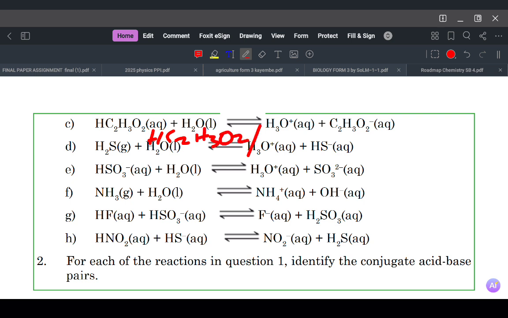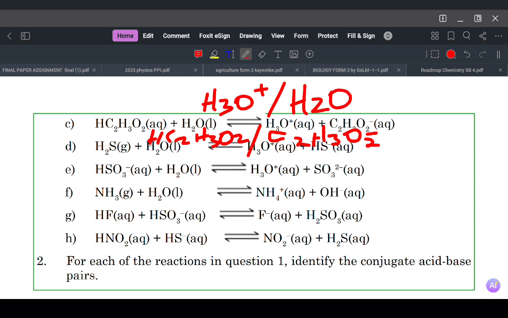HC2H3O2 and C2H3O2 minus, so that's the first one. They only differ by a hydrogen atom. All right. In the same way, H3O plus and the H2O will also form another conjugate acid-base pair.